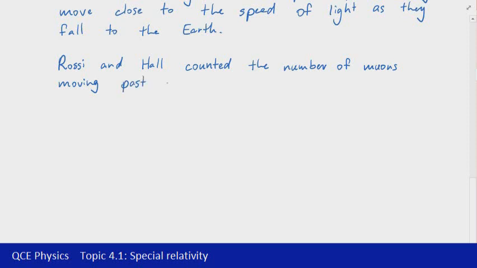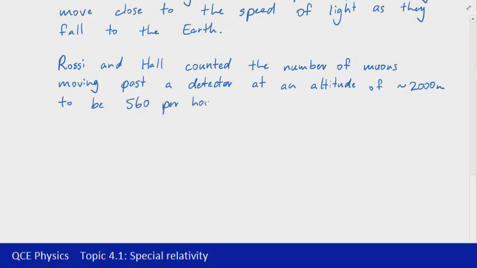The initial measurement's not particularly important. We'll only mention it here so that we've got a point of reference. At that altitude of about 2,000 meters, it was about 560 per hour.